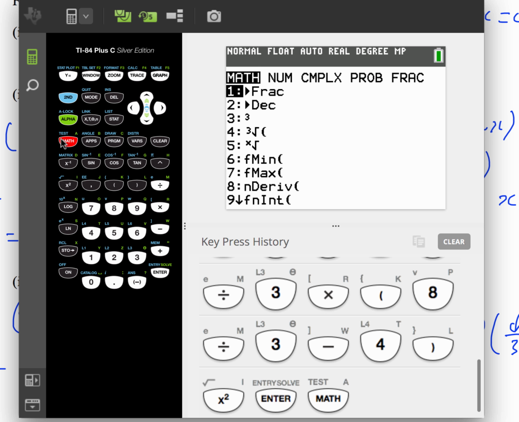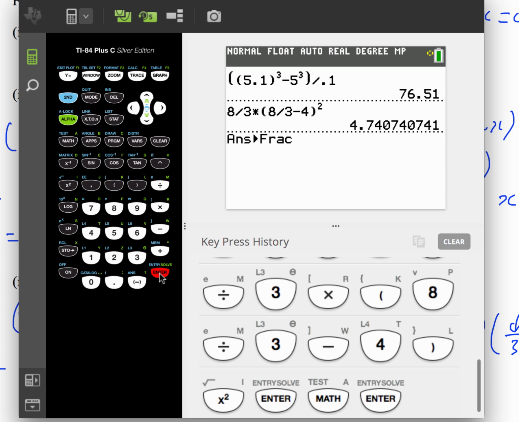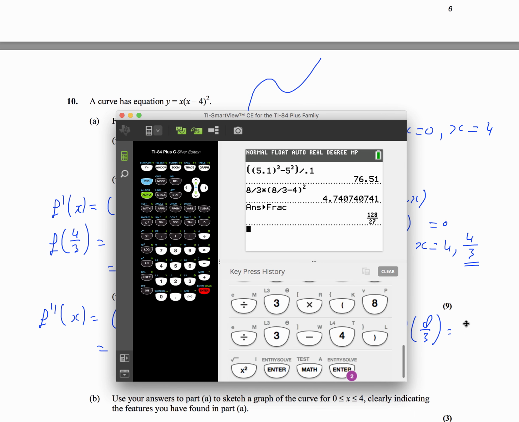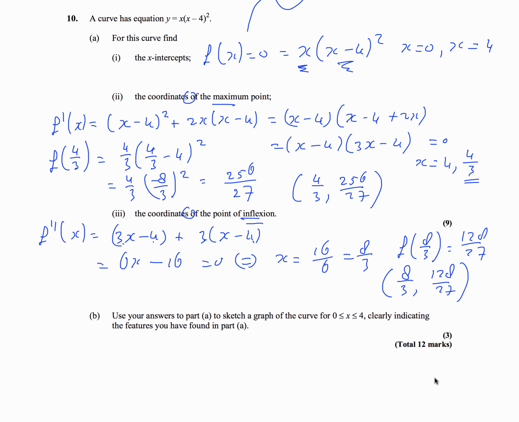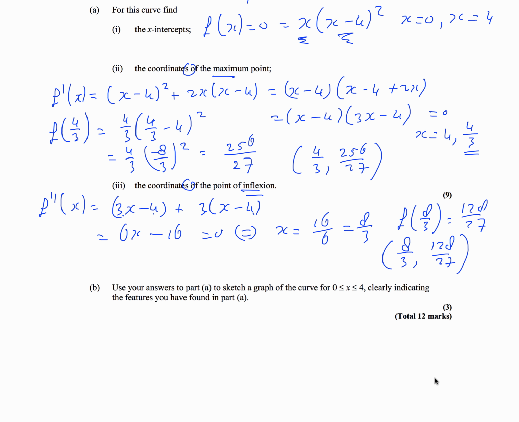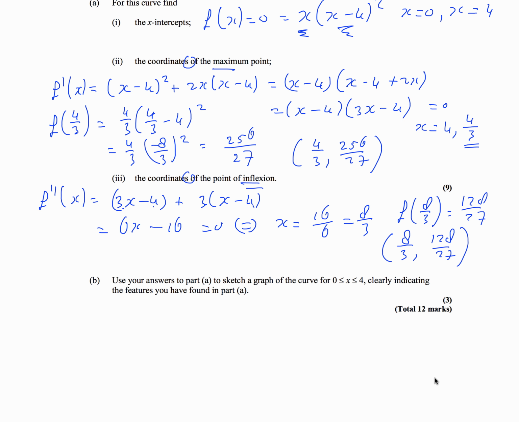Let's see if you can put it in a fraction for me. All right, good, nice. 128/27. Therefore, my coordinates are 8/3, 128/27. Good.